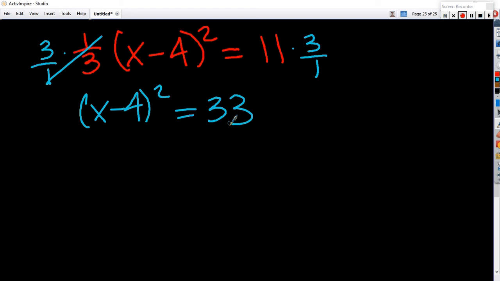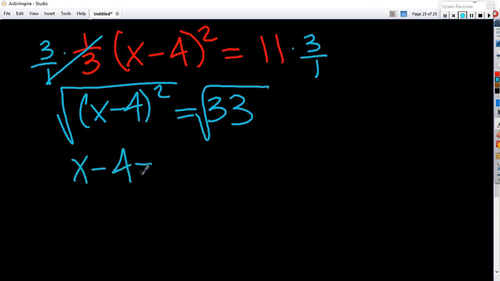What do I do now? Square root it. 33. Can I divide 33 by any of these numbers? 11. No. Any of these numbers? No. So I leave it, but I need to put that plus or minus in the front. Now what?